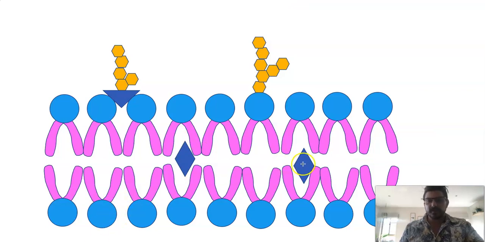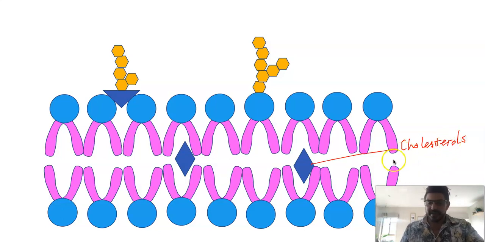All right, so now we're up to glycolipids, glycoproteins, and cholesterols. And again, you can see here that they don't span the entire length of the plasma membrane. They don't need to. So inside the fatty acid bilayer, in between the fatty acid tails, are cholesterols.